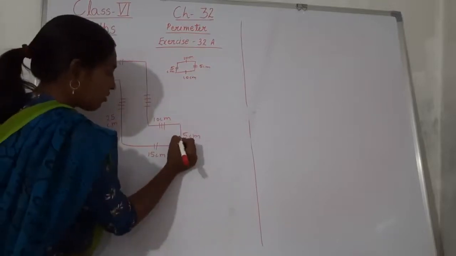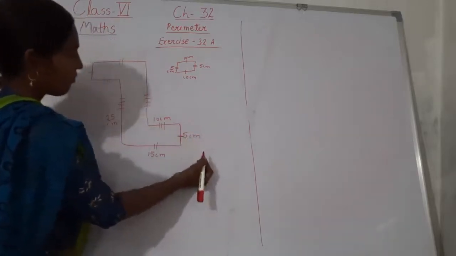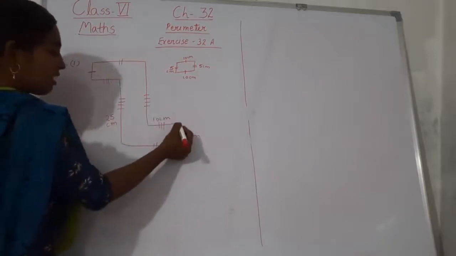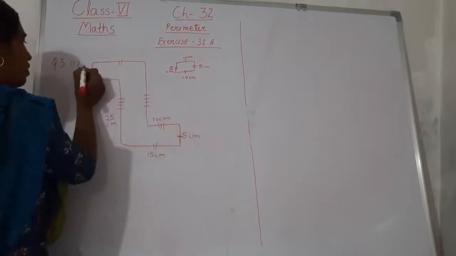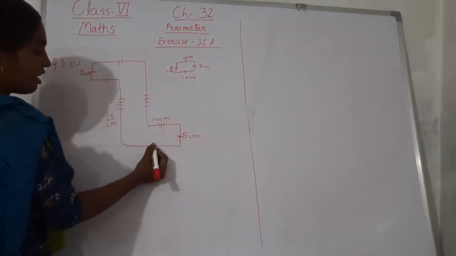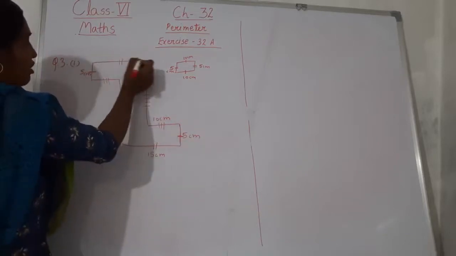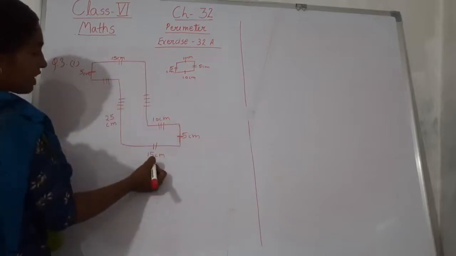See, this length is having a single dash and here also this length is having a single dash. That means this much length is equal to this much length. This is 5 centimeters, so this will also be 5 centimeters. Now see here 2 dashes, here also 2 dashes. That means this much is 15 centimeters because this one is 15 centimeters.